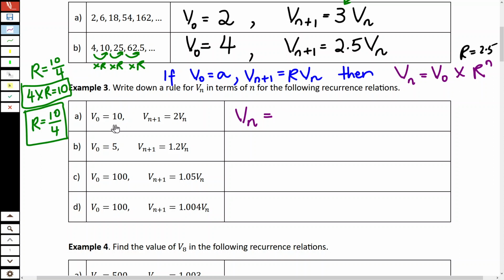I start at 10, and my common ratio here is 2. So 10 is my value for V naught, and I'm going to multiply by 2 to the power of n. Can you see I've replaced V naught with 10, and I've replaced capital R with 2. Does that say 2R? 2 to the n. I'll make it clearer. Is that better? Yeah. Okay.